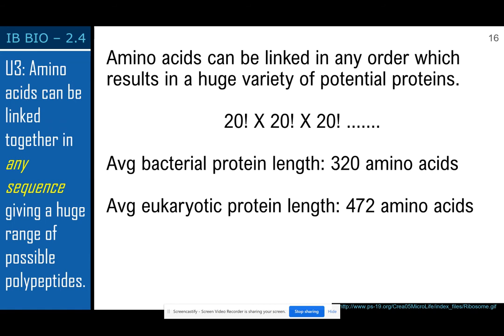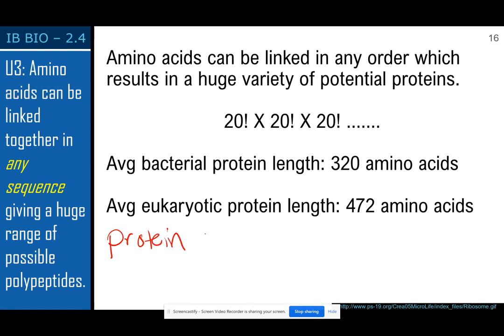So, amino acids can be linked in any order, which results in a huge variety of potential proteins, right? Think if we just take those 20 with the 20 different R groups that we talked about. Think about permutations in math. Say I have a protein, and we're going to make it a small protein.